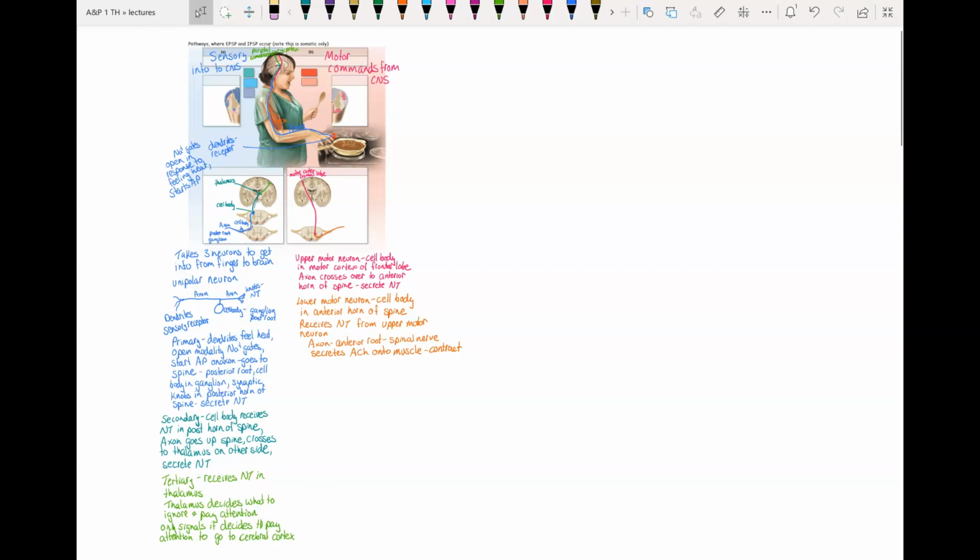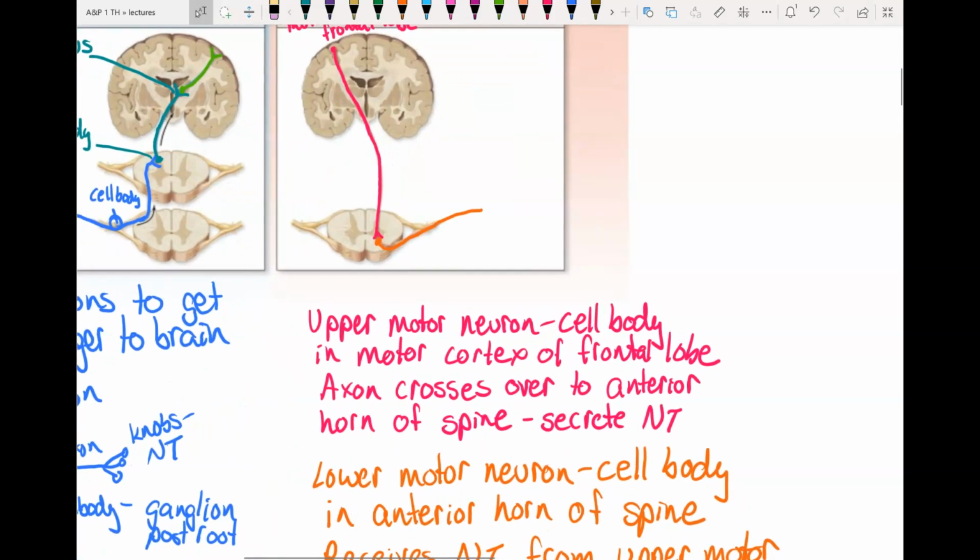Another thing we can talk about here is IPSPs and EPSPs. You remember those from chapter 12. Right here in the spine, where the upper and lower motor neurons communicate with each other, is where you have IPSP and EPSP.